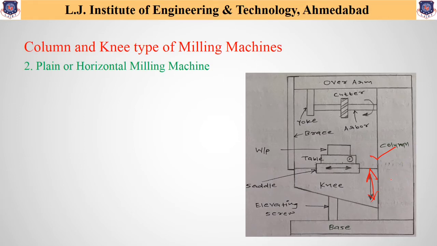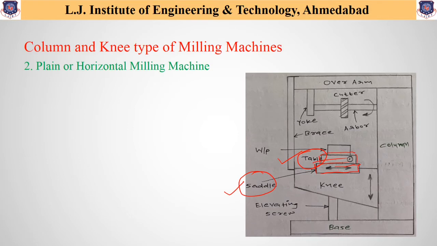And as we can see, with the movement of the knee, the table height, or the distance between the cutter provided over here and the workpiece set over the table, can be adjusted. By operating the screw jack with the help of a hand wheel or power feed, the table height can also be adjusted. And as we can see, this knee consists of other elements, of which the first one is the saddle and the other one is the table, which is shown by this box.